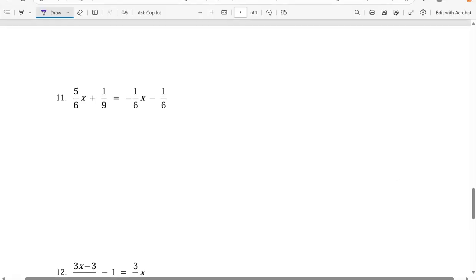Now, before we get into this, I want to remind you about a shortcut that we had back in notes 14.